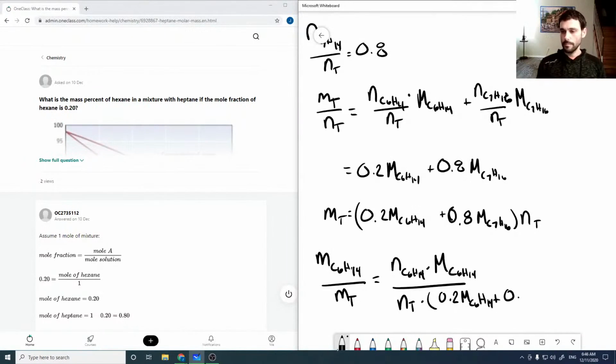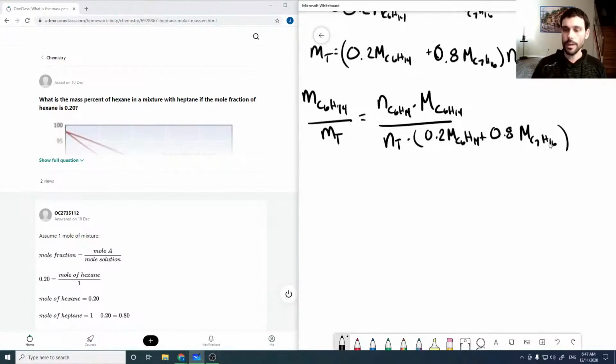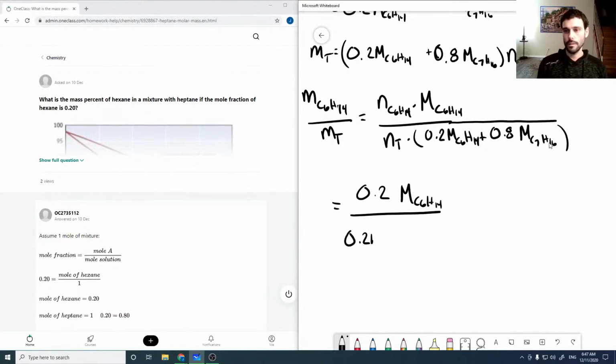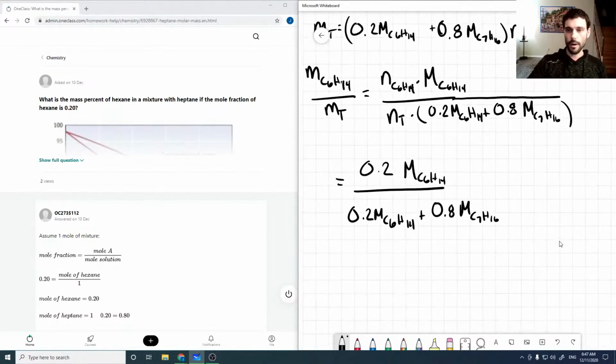Out front here we again have our mole fraction of hexane, so that's just 0.2 times our molar mass of hexane over an expression completely in terms of our molar masses. And so we can now readily figure out what our mass percentage would be.